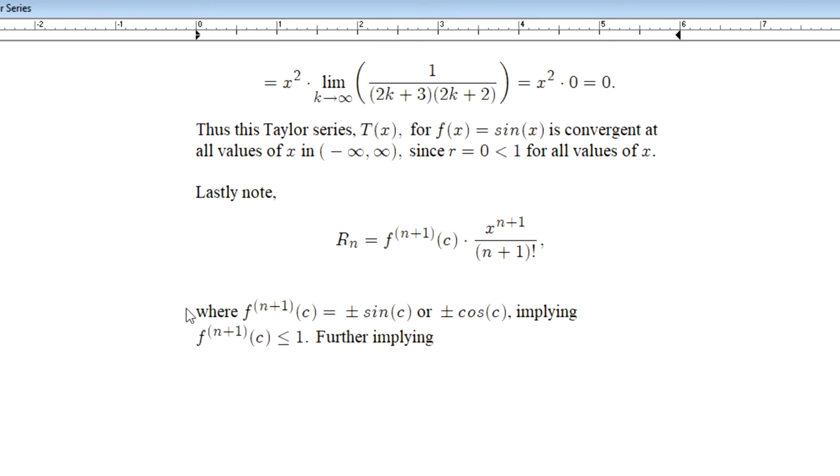If we think about the actual value of f of n plus 1 evaluated at c, it will always be less than or equal to 1. I should really say in its absolute value.